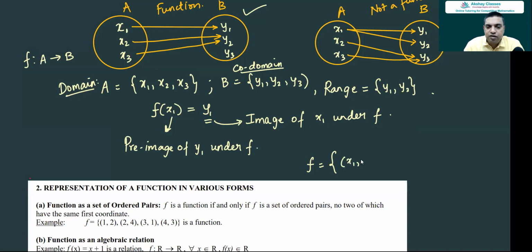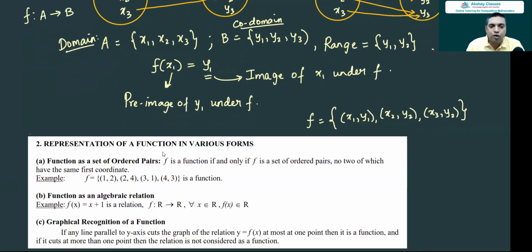It will be (x1, y1), (x2, y2), (x3, y2). This is the function as a set of ordered pairs.